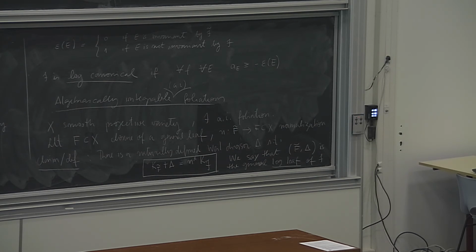So if the general log leaf F tilde delta is log canonical, then there is a common point in the closure of a general leaf.